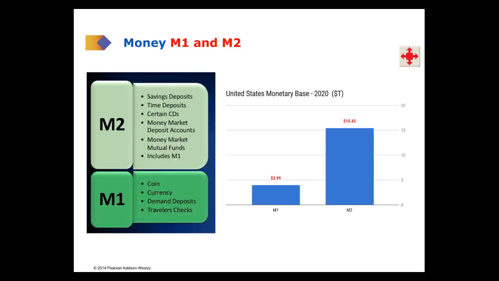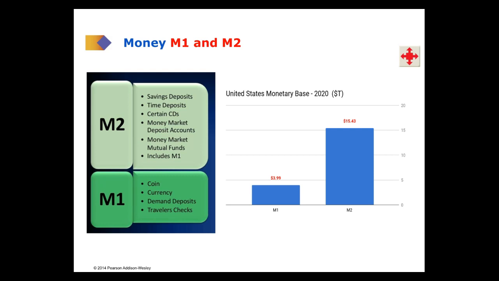So you can see M1 is all the coins, all the currency, and demand deposits, which are checking accounts. With a checking account, you technically can get the money out immediately if you desire. With a savings account, the bank would give it to you immediately, but it's not really required by law or practice to give it to you immediately. So savings accounts are a little bit less liquid.